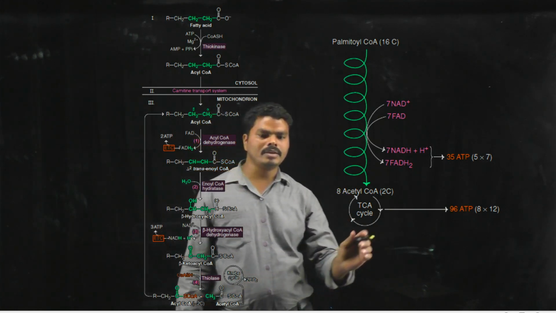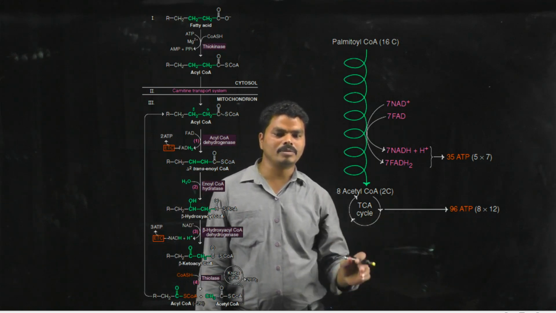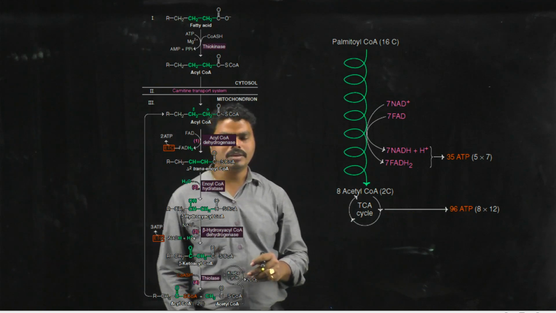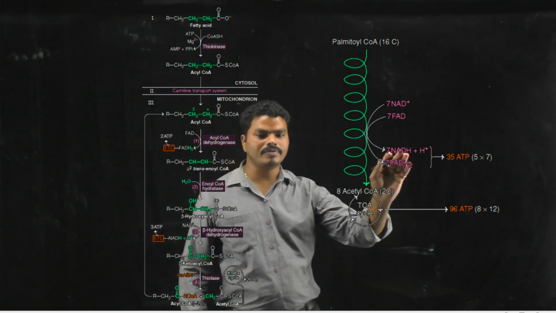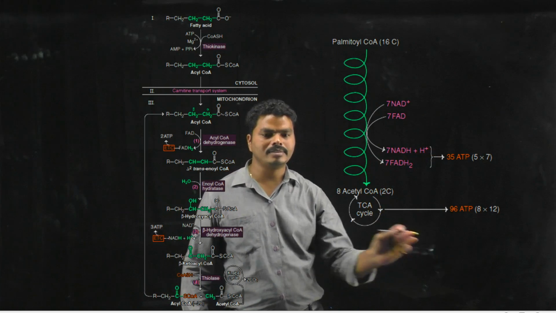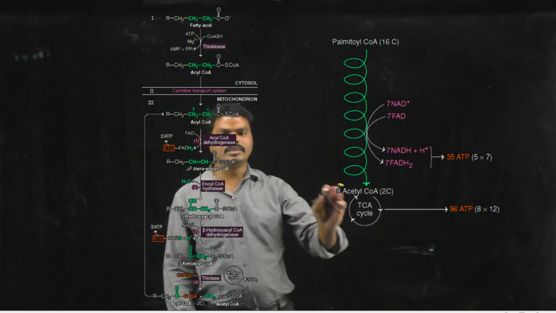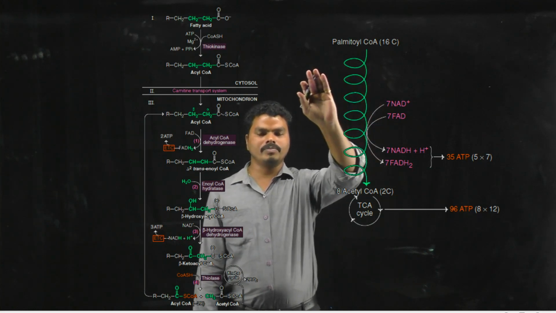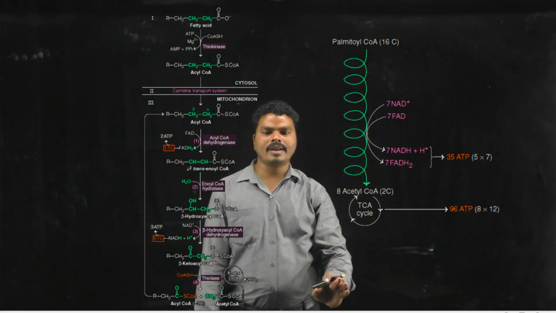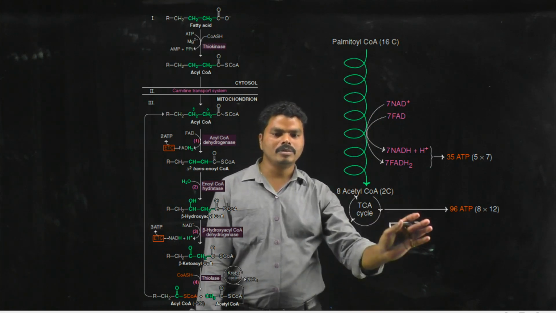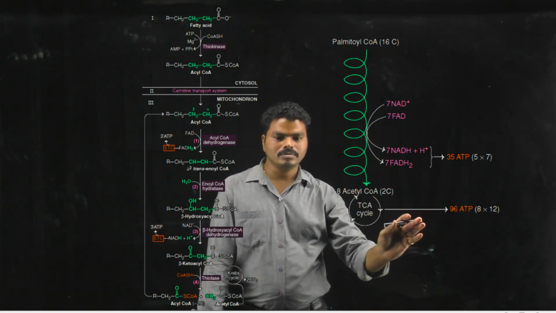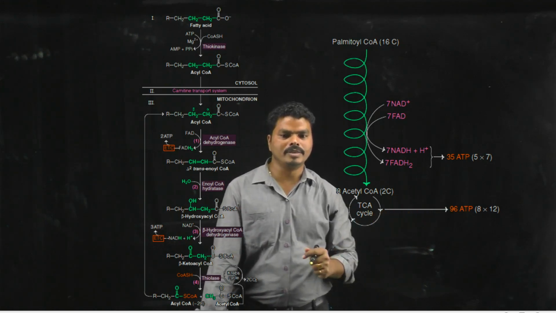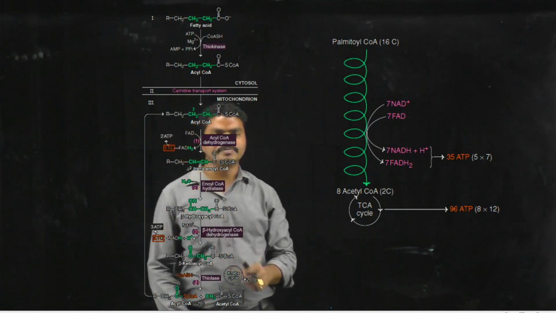So it can produce 96 ATPs. That means each TCA cycle can produce 12 ATPs. So totally here it is 35 ATPs and here 96 ATPs are produced during the beta oxidation of palmitoyl-CoA, or the conversion of palmitoyl-CoA to carbon dioxide and water can produce a total of 131 ATPs.